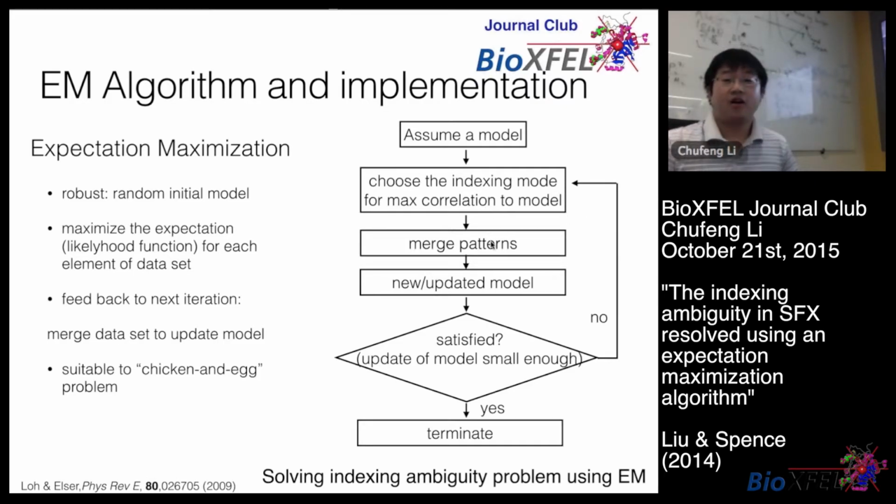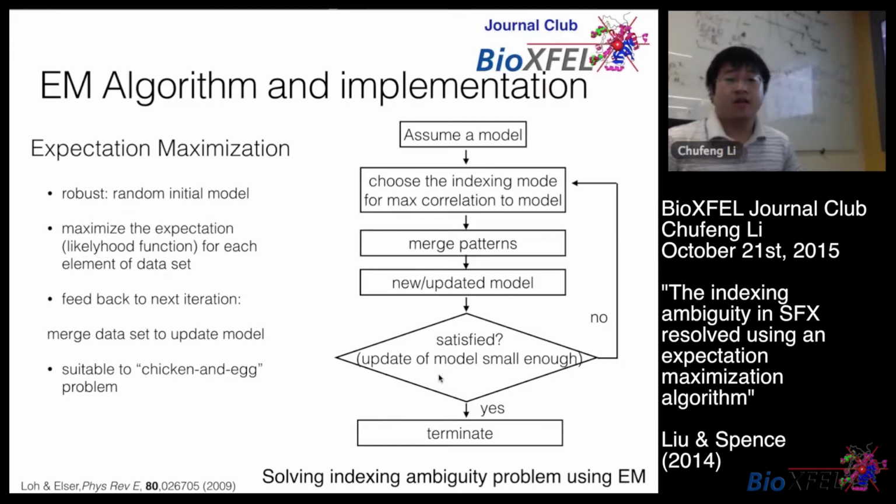And then the larger correlation gives you the CIM indexing mode, and the smaller correlation corresponds to the AIM. And we merge the patterns for both CIM and AIM. In that way, we get the full reflection list again. So we update the model.